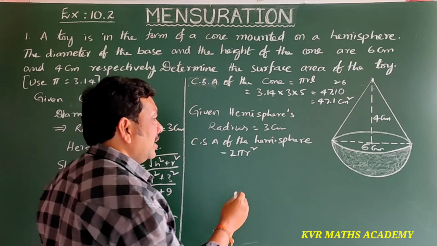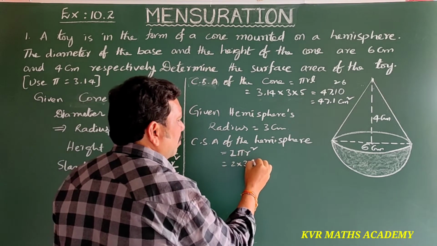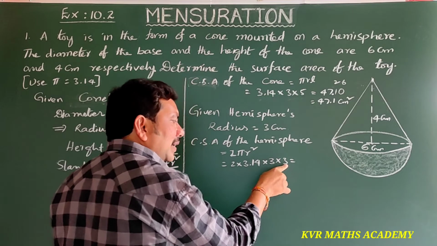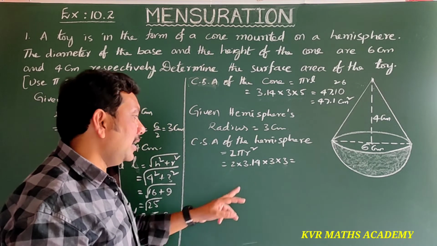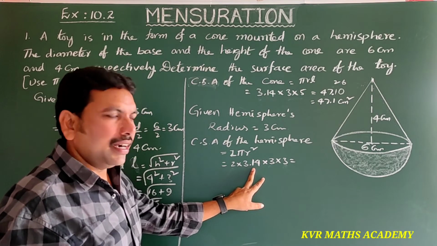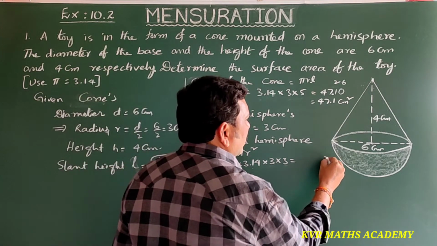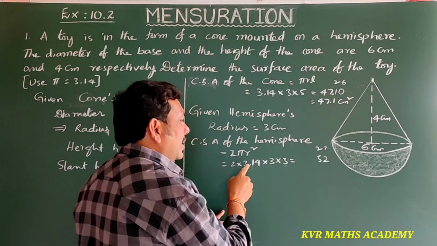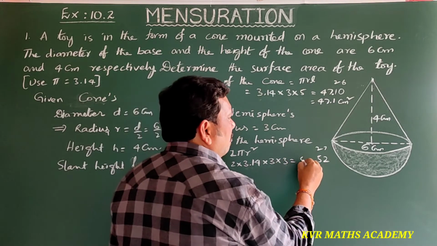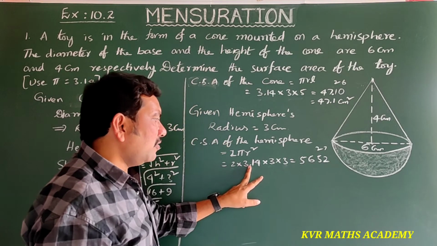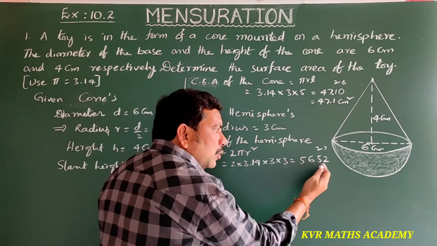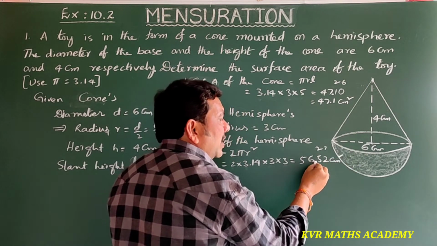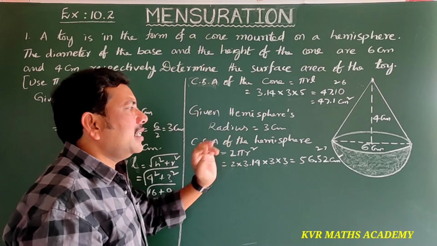So that is equal to 2 into 3.14 into 3 into 3. 3 3s are 9, 9 2s are 18. With 18 multiply 3.14. 18 4s are 72, 7 is there. 18 1s are 18 plus 7, 25, 2 is there. 18 3s are 54, 54 plus 2, 56. After the point there are 2 digits, so we keep the point before 2 digits. This is also centimeter square. So 56.52 is the CSA of the hemisphere.